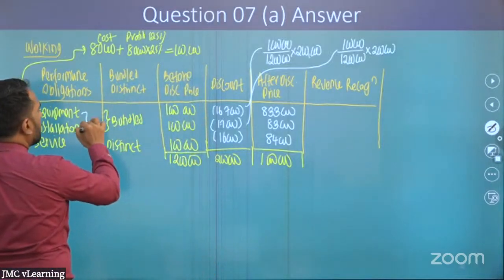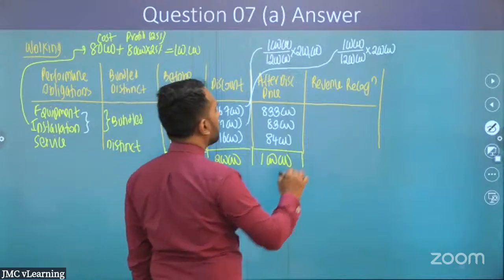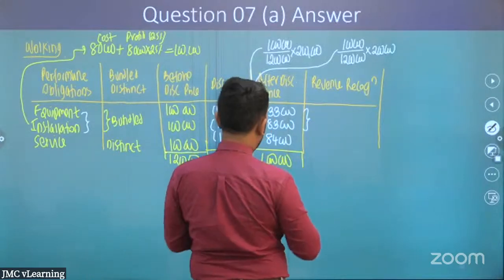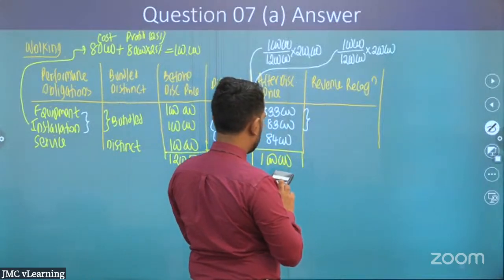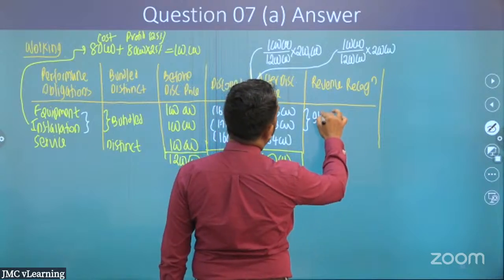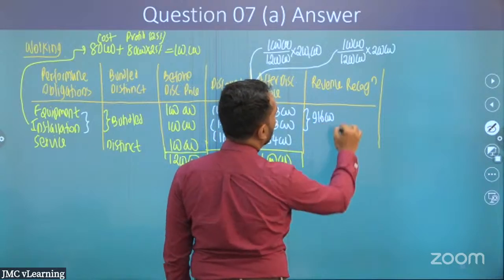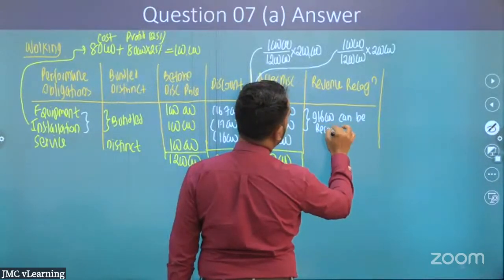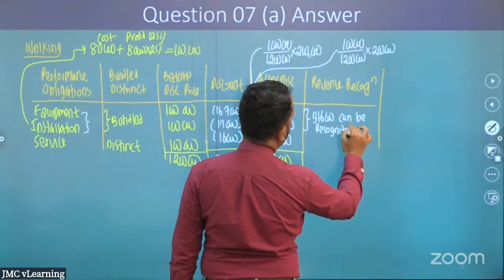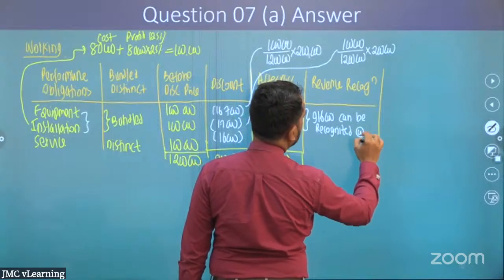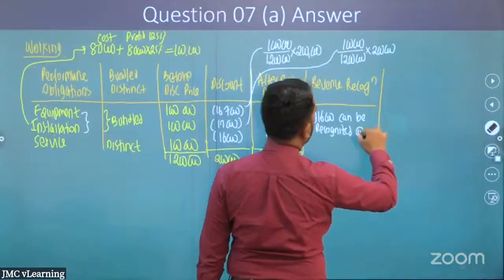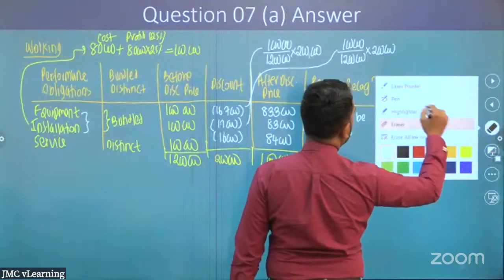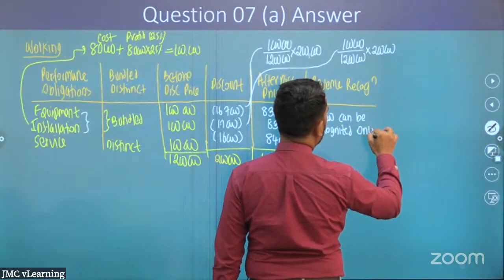Equipment and installation is bundled, no? So these two you can together recognize the revenue. 833 plus 83, 916,000 can be recognized at what point? Once installation is complete, isn't it? Right? Once installation is complete.